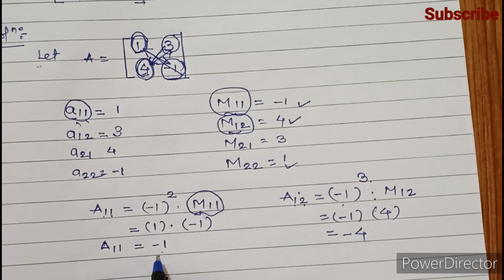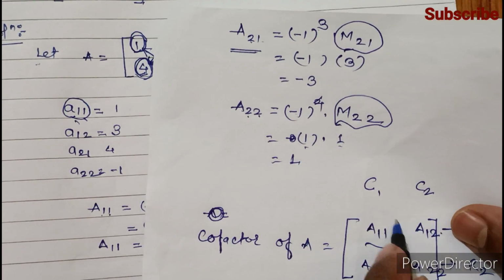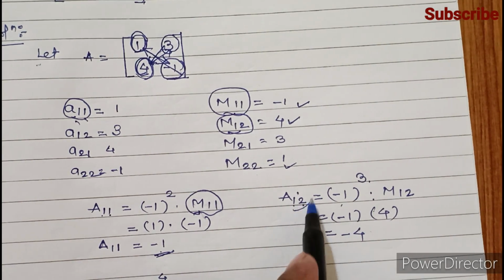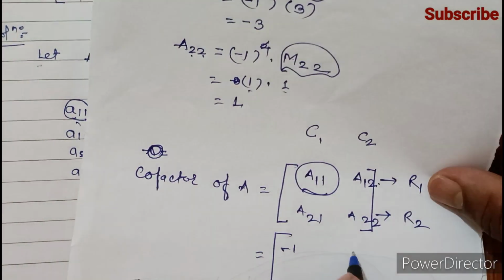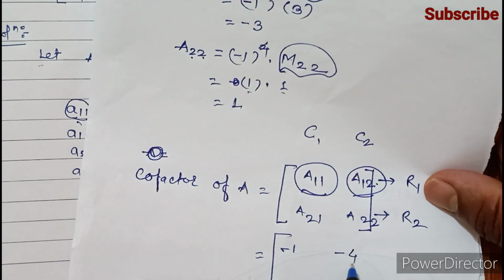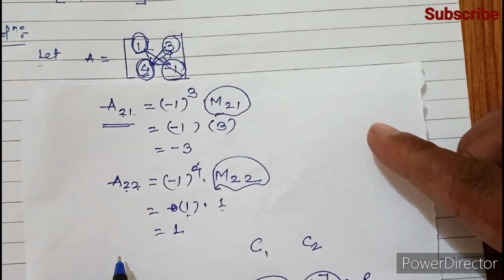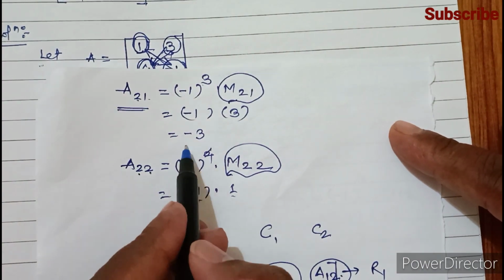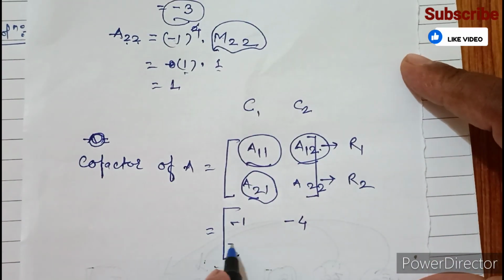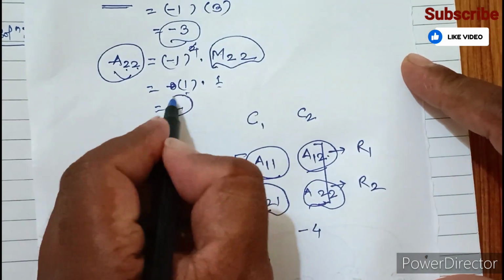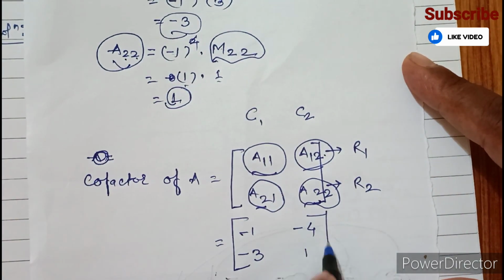The value of a11 is minus 1, put a11 equals to minus 1, the value of a12 is minus 4, put a12 equals to minus 4, the value of a21 is minus 3, put a21 equals to minus 3, the value of a22 is 1, put 1 here. Therefore here we get the cofactor.